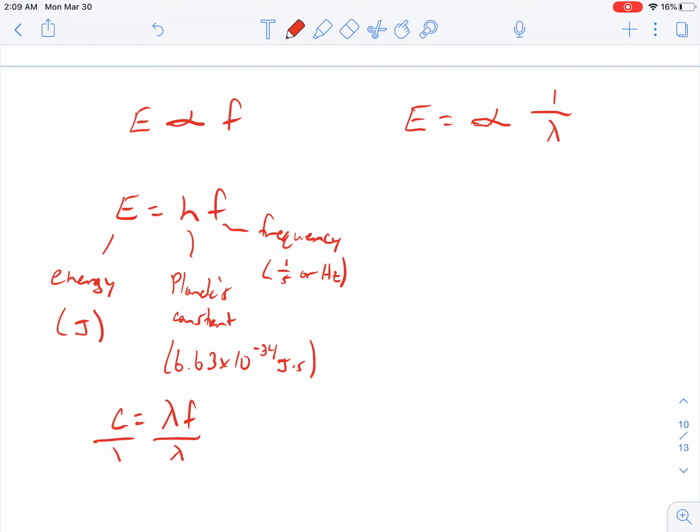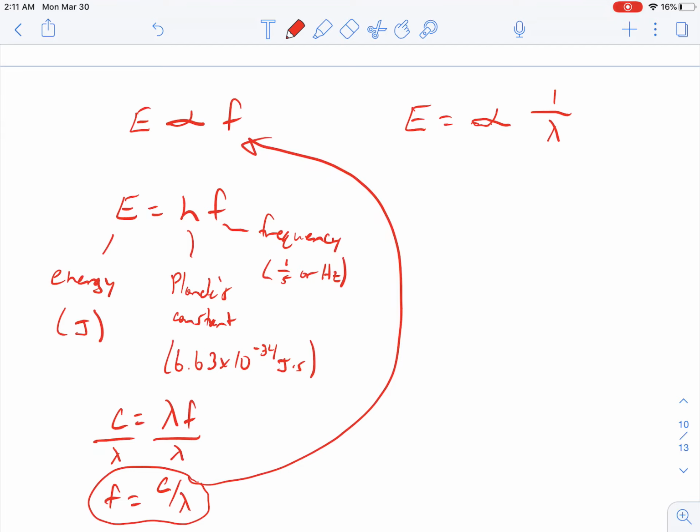If we divide both sides by lambda, we get our frequency is equal to our speed of light divided by our lambda. This can now get substituted into our equation for f here. So one way of writing this energy equation is energy is equal to hf.